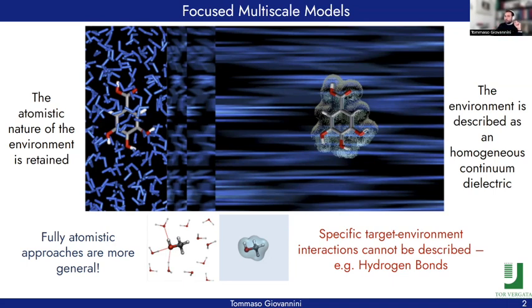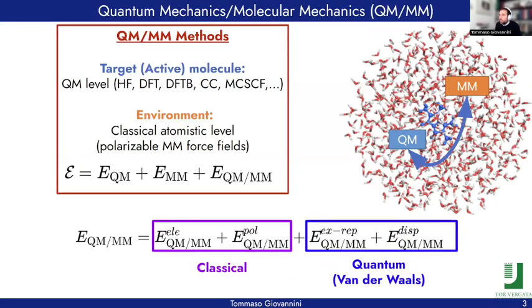And indeed, the methods that retain a fully atomistic picture of the whole system are the so-called quantum mechanics, molecular mechanics, or QM/MM methodologies, where your target is described again at the quantum mechanical level, and the environment is described by means of classical molecular mechanics force fields. And so the energy becomes the energy of your QM part, the energy of the MM part, and the interaction energy between the QM and the MM portions.